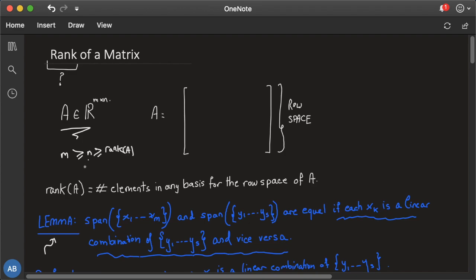Likewise, if M is strictly less than N, then rank A has to be here. So it's always less than or equal to the minimum of the number of columns and the number of rows. That's how they're linked. Now it follows that if a matrix is rectangular, not square, either its columns or its rows must be linearly dependent if the rank is strictly less than the minimum of the number of columns and rows.